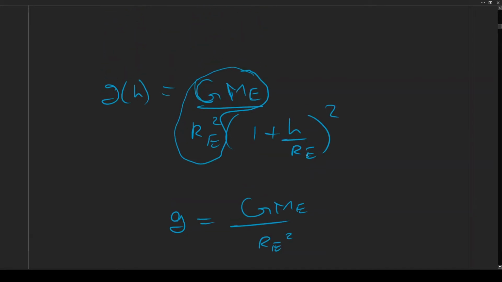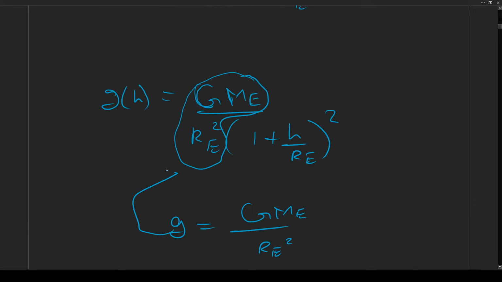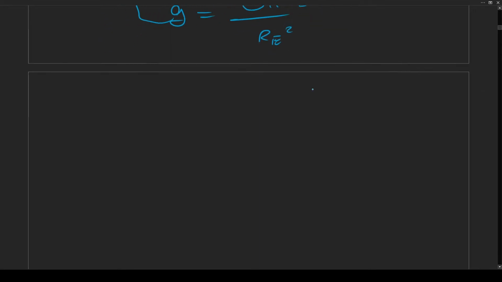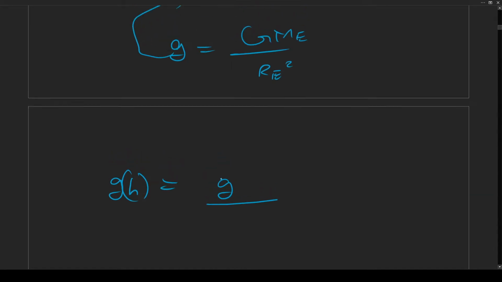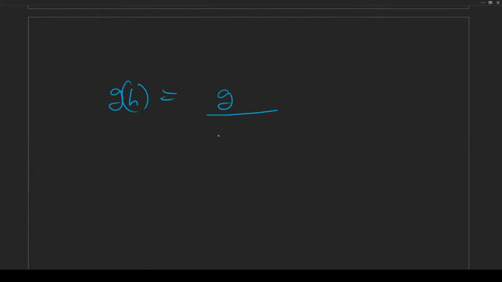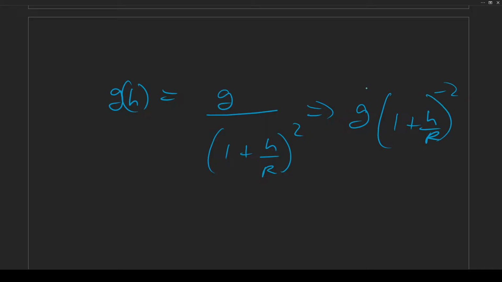So substituting this here, g of h is equal to g by (1 + h by R) whole square, or we can write it as g into (1 + h by R) whole power negative 2. This is the formula we got.